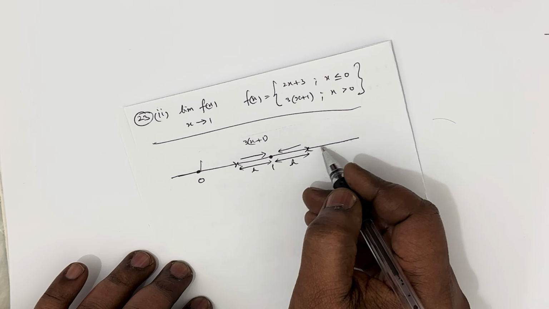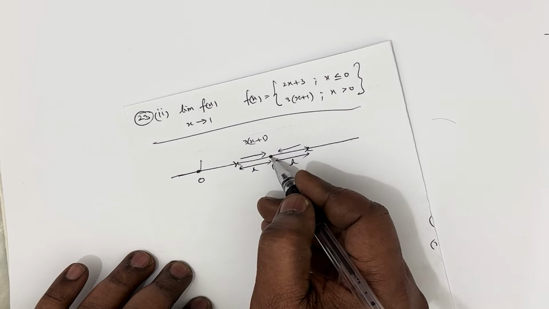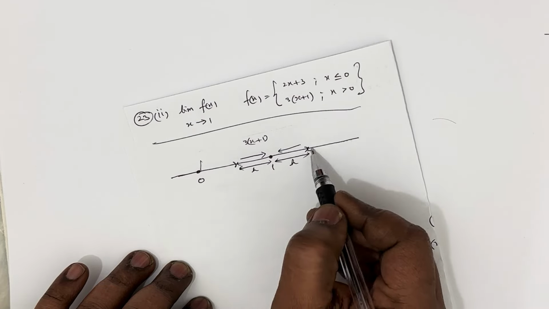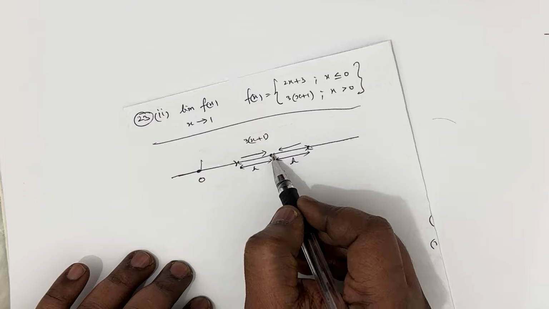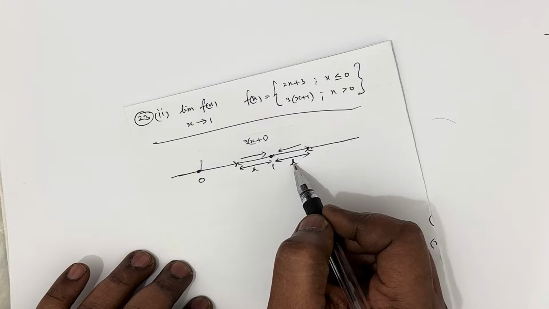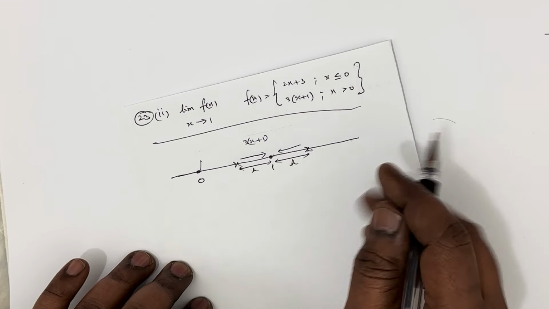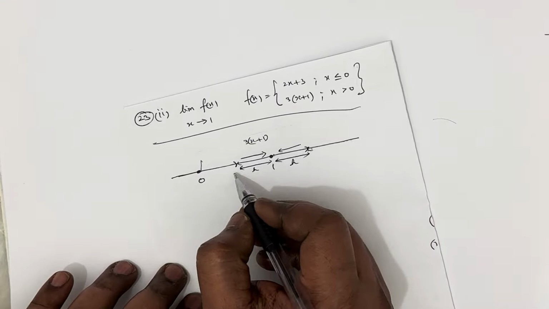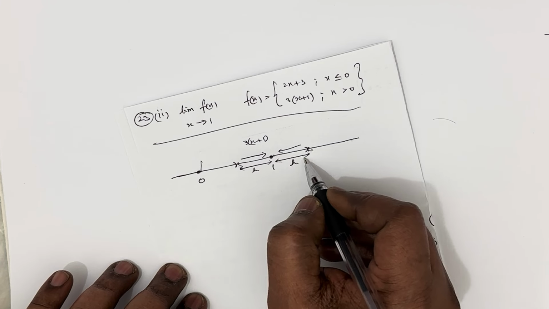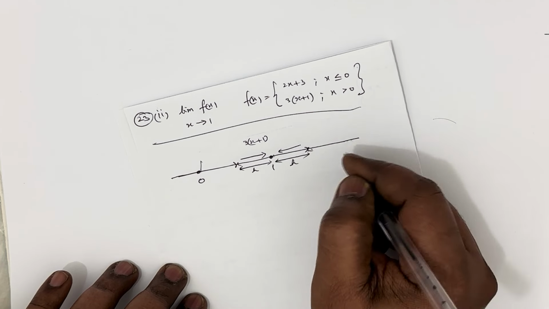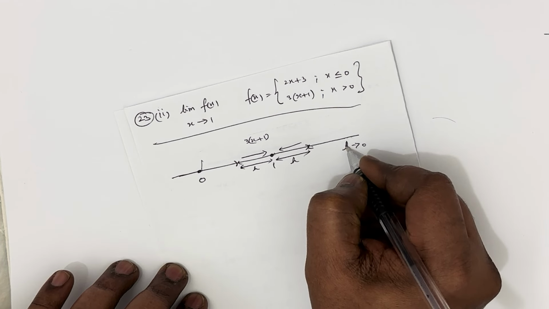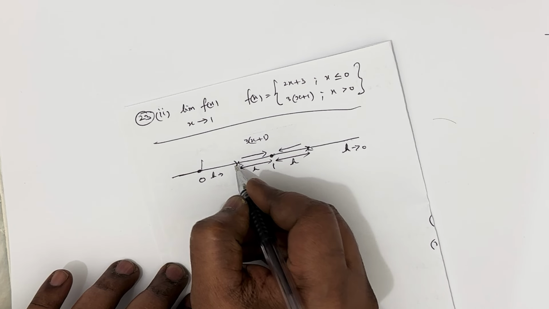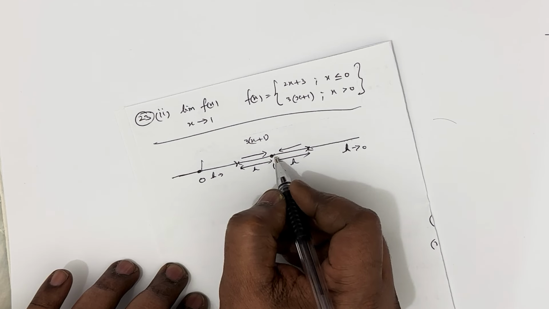In the same way, when x is moving from here towards 1, the length h will be decreasing, and as x reaches 1, the value of h will become 0. So we can assume that h is tending to 0, and here also h is tending to 0. When x comes to 0, h comes to 1.